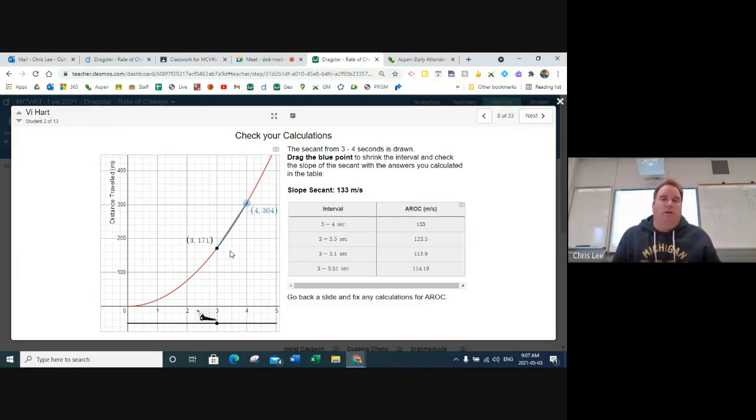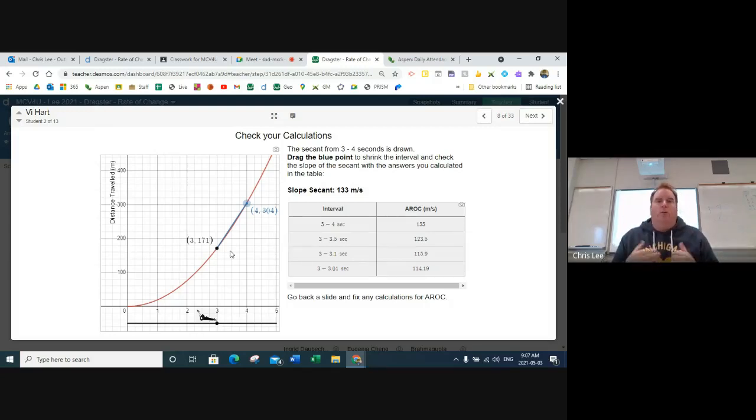Now, because it's a curve, we can't actually use the slope formula on a curve because it curves. Right? So these lines are meant to represent the curvature of the quadratic function, but it can only be a representation.